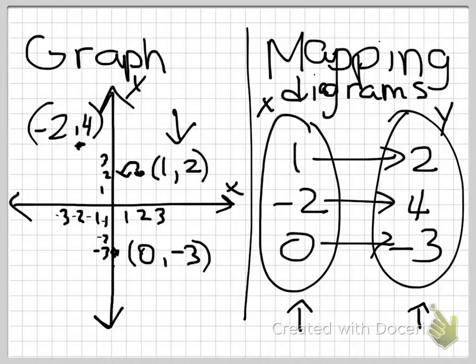The only difference really between this and the table is that you are connecting the two coordinates with an arrow to make an ordered pair. So if we have 1 as the x-coordinate right here, you would connect that to the 2 with an arrow because it is the y-coordinate of the same ordered pair.